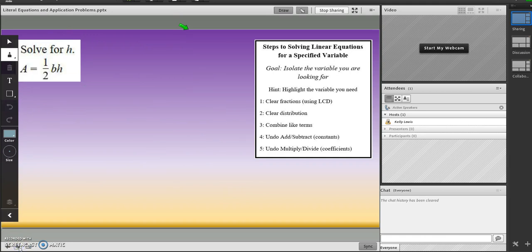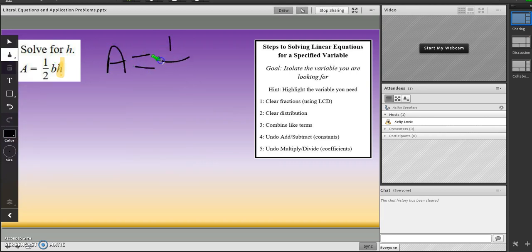Let's do another one. All right, so here we have a number, but your literal equations aren't going to be jam-packed with a whole bunch of numbers. All right, we want H. I'm going to rewrite this guy over here.